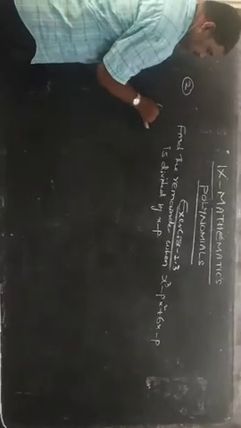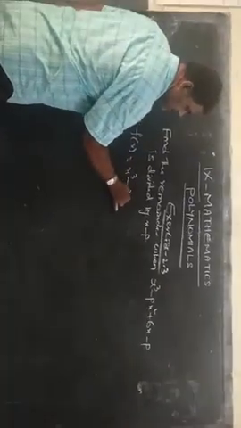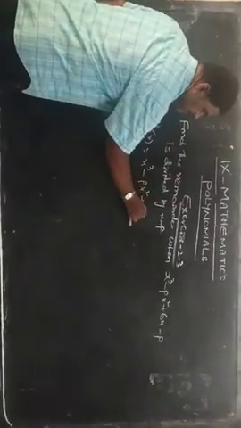Now, the given expression first you have to suppose as f of x. F of x is equal to x cube minus px square plus 6x minus p.